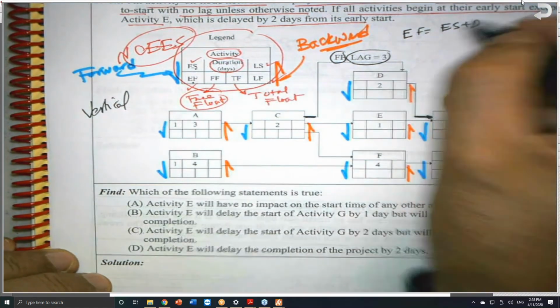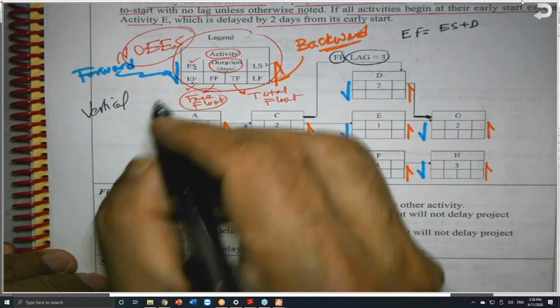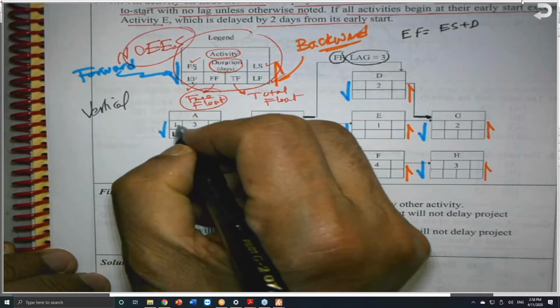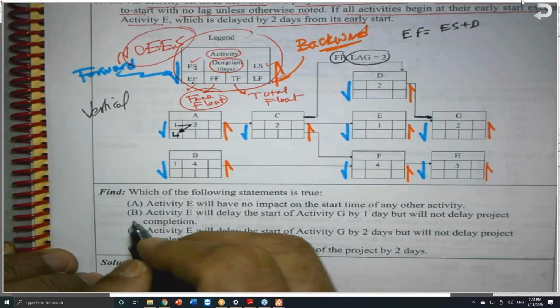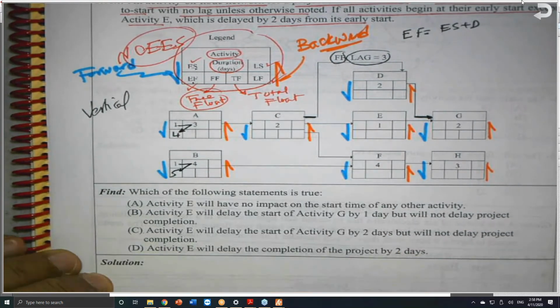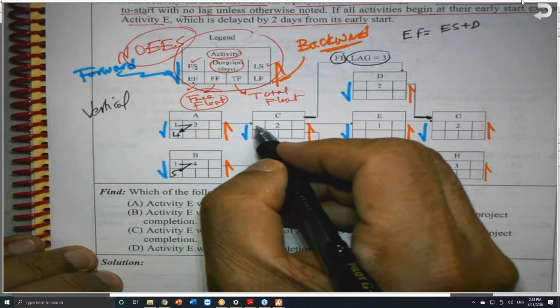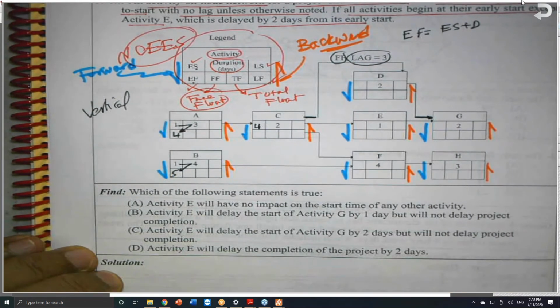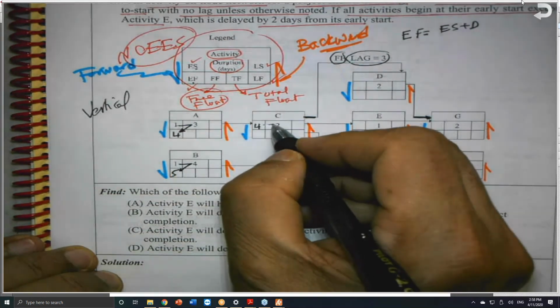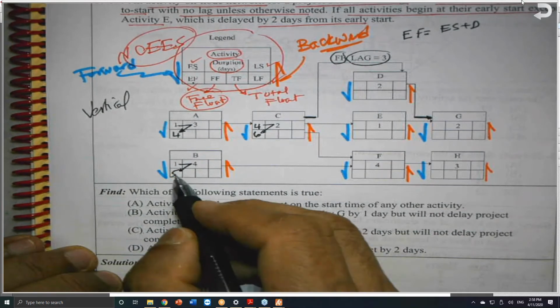This is one equation we know. So 1 plus 3 gives you 4. Add this to this and it gives you 5. I will move the 4 here. So 4 plus 2 gives you 6.